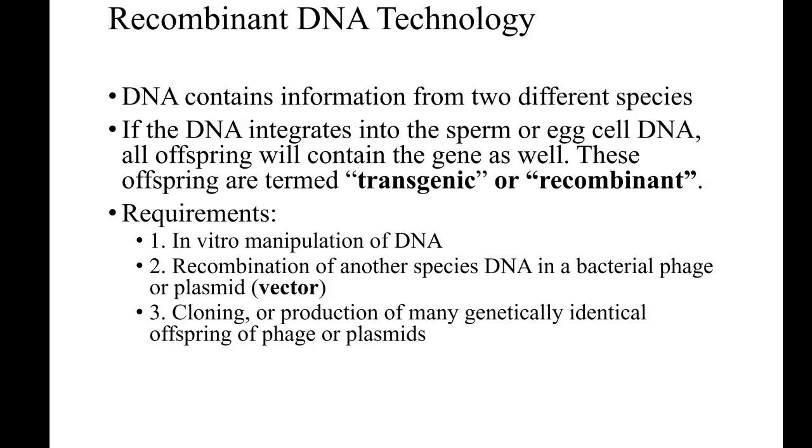Oftentimes, the way that gene is introduced is through some sort of vector. It could be a bacterial phage as a vector or a plasmid as a vector. Then we would clone these cells, grow them up in large quantities, and then harvest that protein, refine it, and use it for medicines or vaccines, etc.